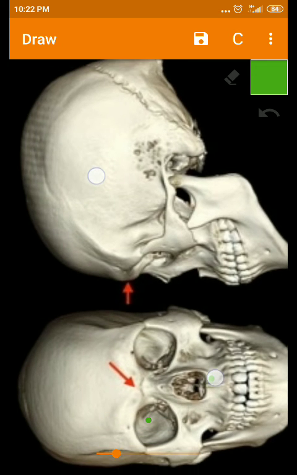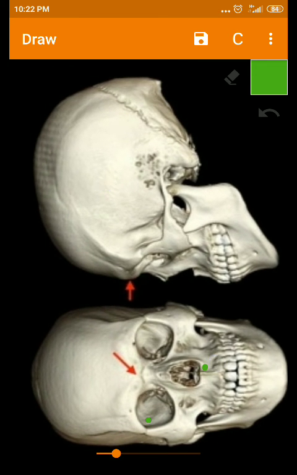When these cusps come into contact, that is called firm approximation, and that position is called maximal intercuspation. You can see here also the maximal intercuspation, where the maxillary and mandibular teeth come into contact.